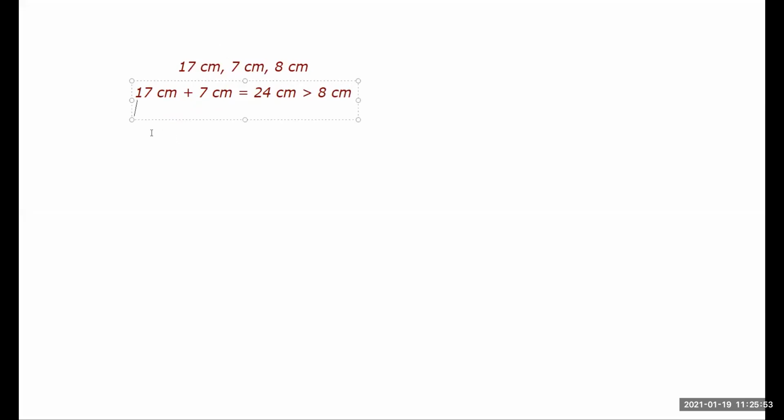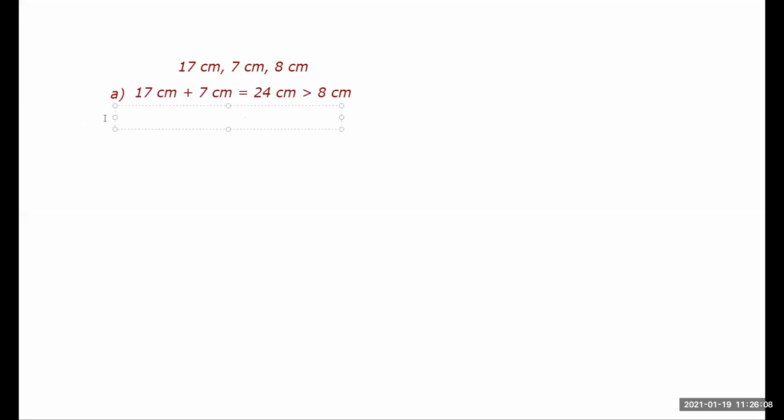Now let's take another example. Now सबसे पहले हमने 17 सेंटीमीटर, ये हमारा A केस हो गया. Okay, this is our A case.